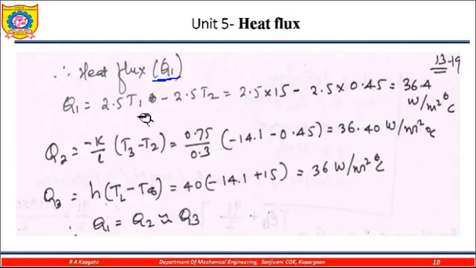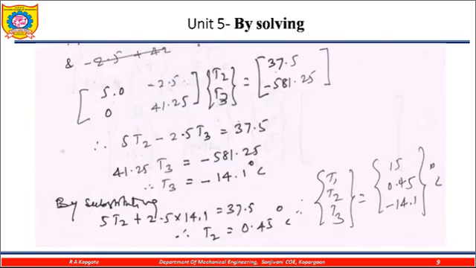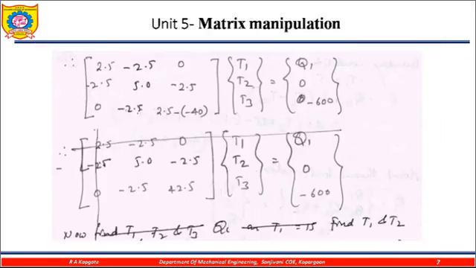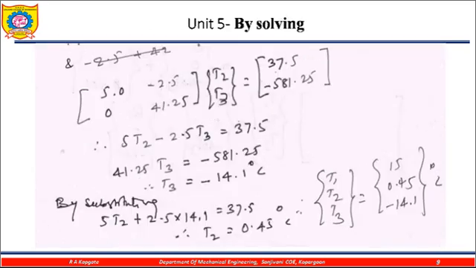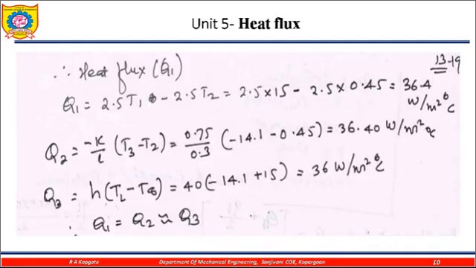And heat flux Q is equal to 2.5 T1 minus 2.5 T2. So these are the Q1, Q2 and Q3. These terms are for Q1, Q2 and Q3. So my Q1 is equal to 2.5 into T3, giving these values.